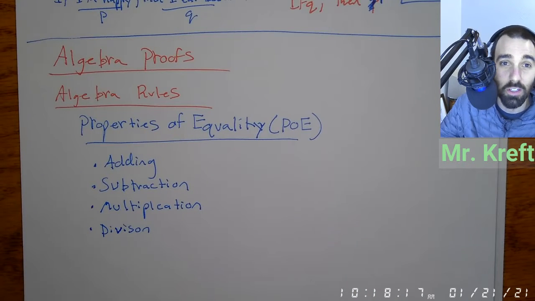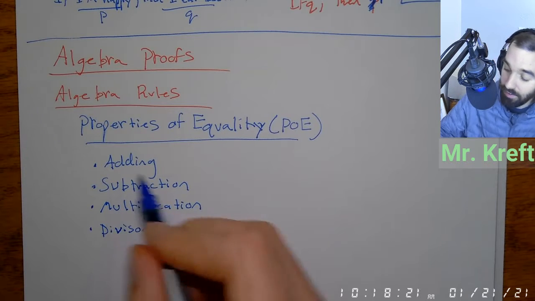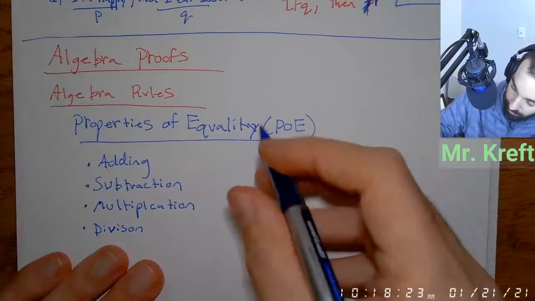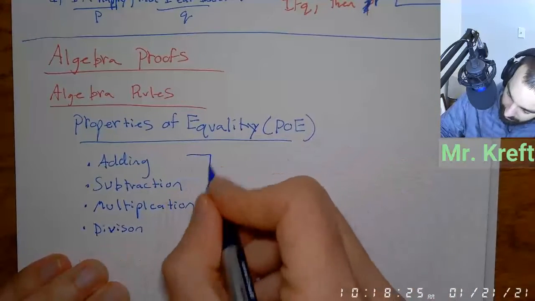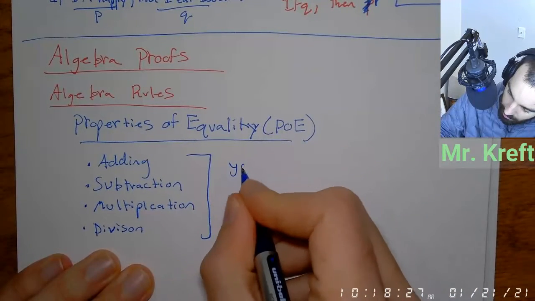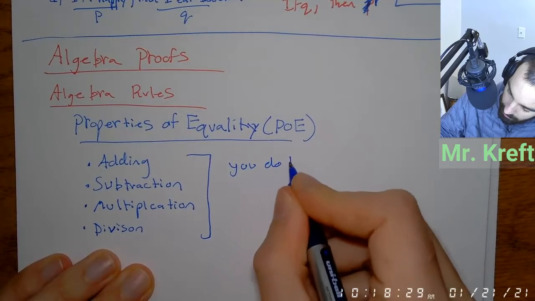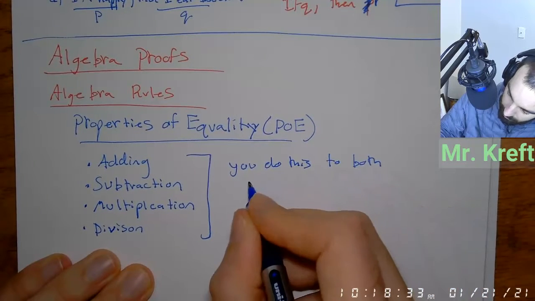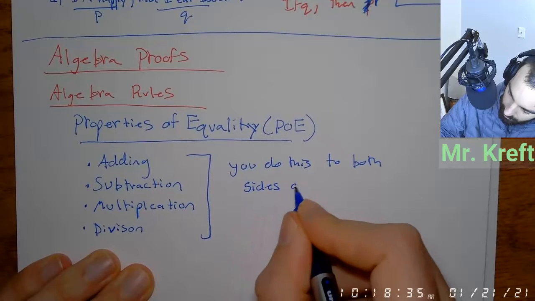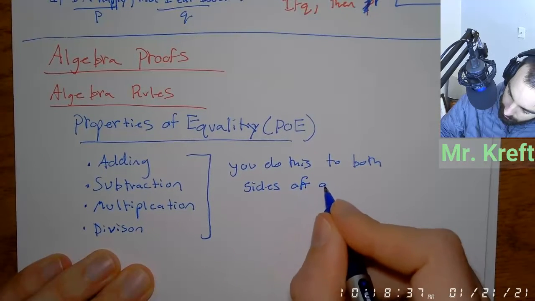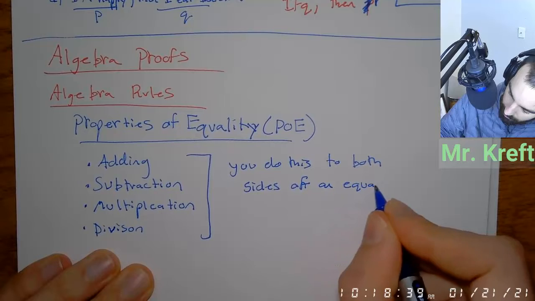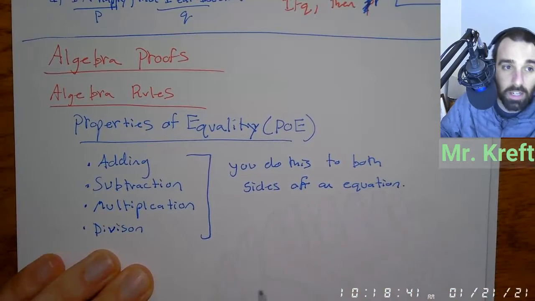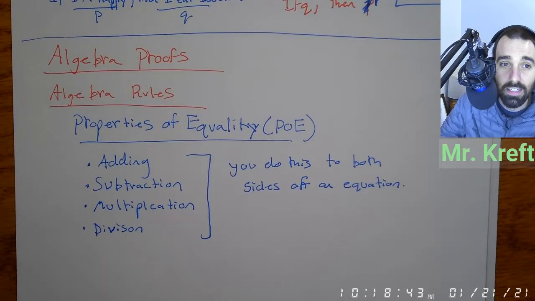These are called properties of equality. Now, for this year, we can drop the POE. But basically what the POE means is that you do this to both sides of an equation. And that's why it's called properties of equality.